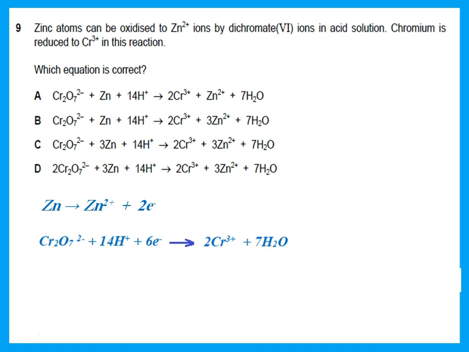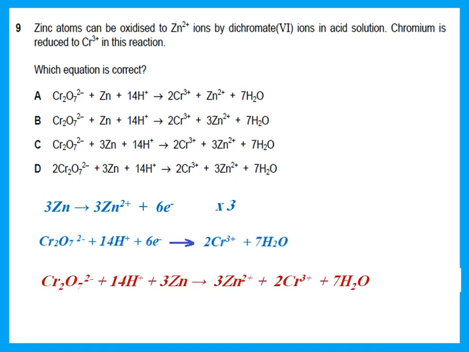So in order to add the two half equations, both of them must have the same number of electrons, and that means I can multiply that first equation by 3 in order to have the same number of electrons. Now I can add them up. When I add them up, I have this overall ionic equation. Which of the options do we have that is the same as this? That is number C.